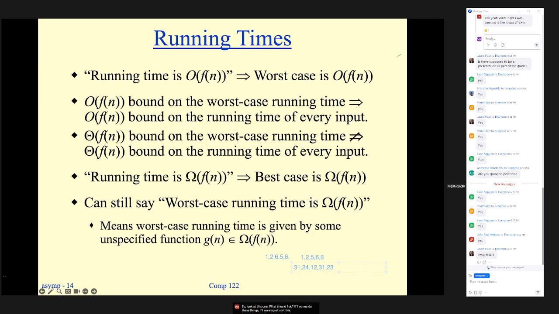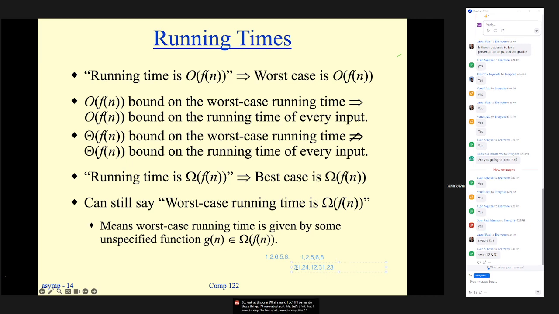Let's think that I need to swap. So first of all, I need to swap 12 and 31. And then it's like 12, 24, so I need to swap 24 for 23. Let's do it one by one. So going 12, 24, 31, 31, and then 23.